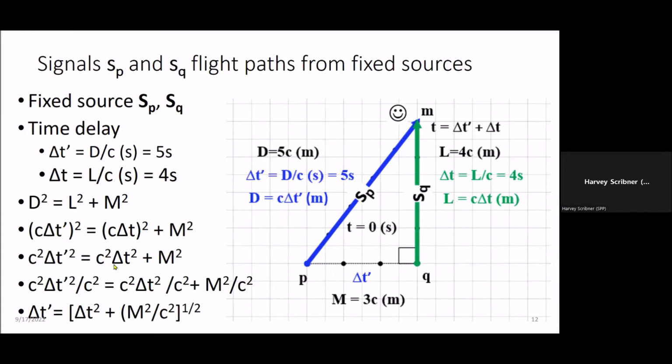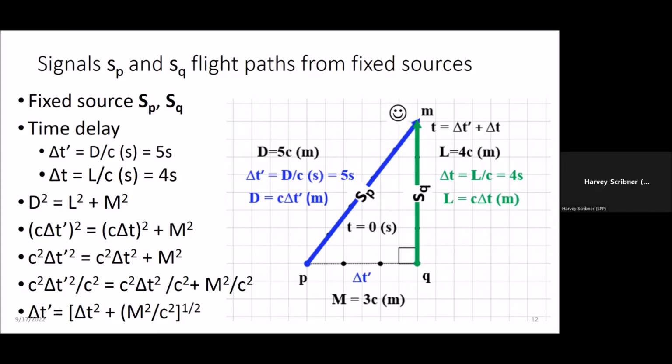So then you wind up solving this equation. You get delta time prime is equal to the square root of delta time squared plus m squared divided by c squared. And really with this information here, that's all you can conclude.